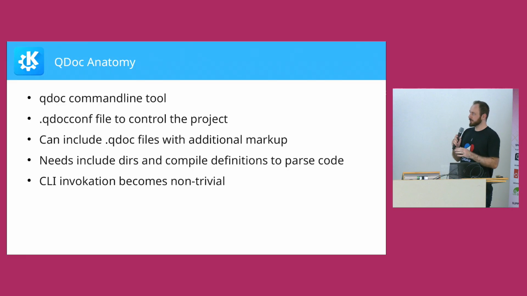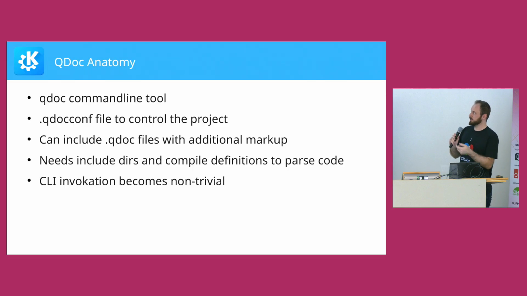Unfortunately, all of that information can get rather complex, especially if you have large projects like KIO, for example, with dozens of dependencies. And it's also very specific to the machine and the installation that you have, because dependencies might be of different versions or in different folders and so on and so forth.